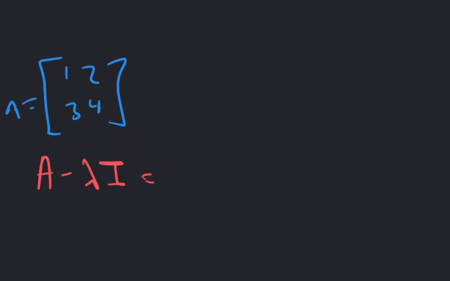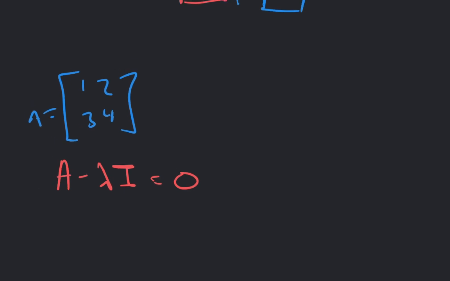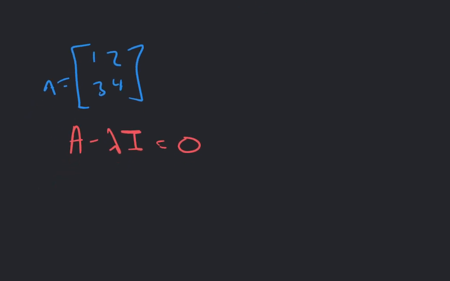So let's say we have a matrix 1, 2, 3, 4. To find the eigenvalues, what we're going to do is let's say we define this as A. We say A minus lambda I equals 0. Well, sorry, that's not the entire thing. A minus lambda I times the x vector is equal to the 0 vector.